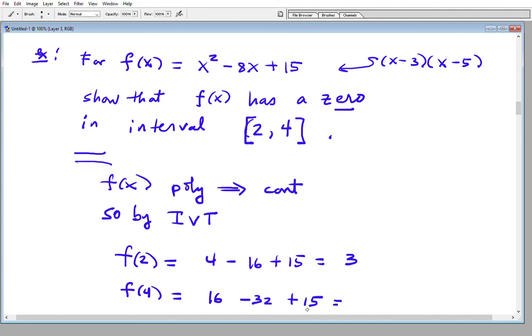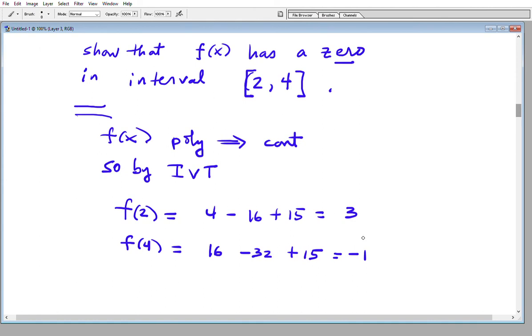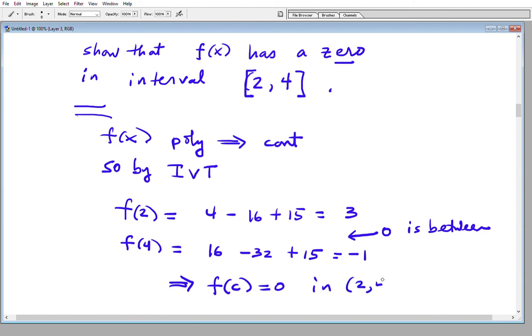That's 31 minus 32, that's minus 1. Now I want to make sure it doesn't skip over the value 0. 0 is between. That means that f of c equals 0 for some c between 2 and 4. So that's it, done. That's all you have to do.